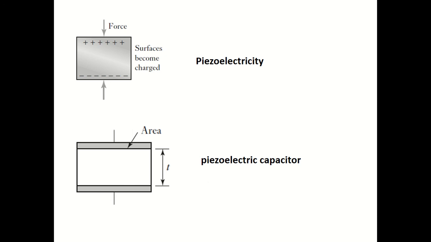Which means I can write an expression: Q is equal to K into x, where K is a constant, and S is a constant termed as the charge sensitivity. For different piezoelectric materials, the value of S differs. So I can write Q is equal to Kx, which is equal to S into F.